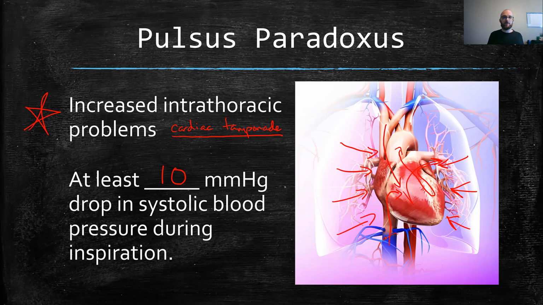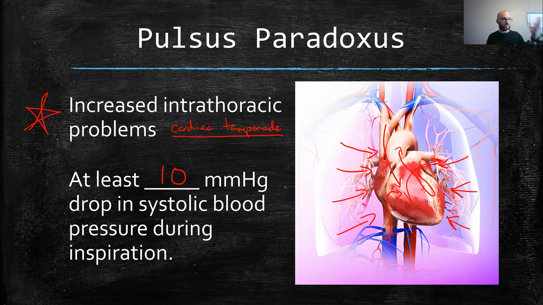Doesn't necessarily on its own tell us exactly what the issue is. Maybe it's cardiac tamponade, maybe it's tension pneumo, maybe it's something else, but that's at least telling us we've got some pressure problems going on up here. And this whole area is very critical on the whole breathing and circulation process. So we need to really get going and figuring out what's going on up here.